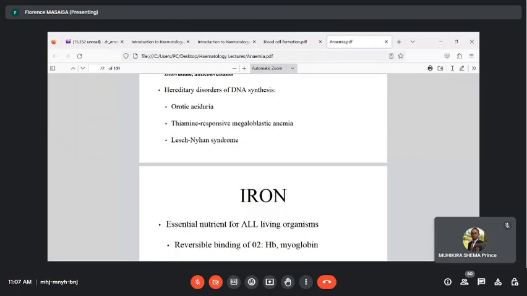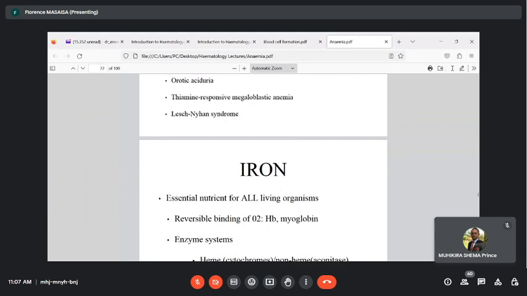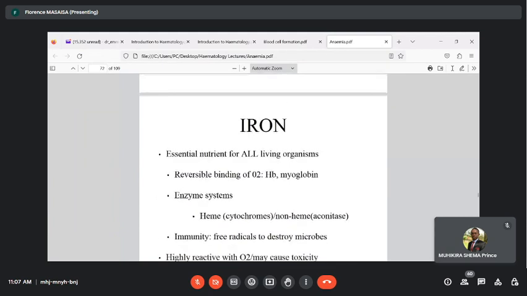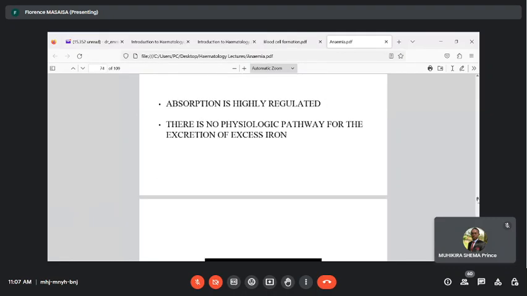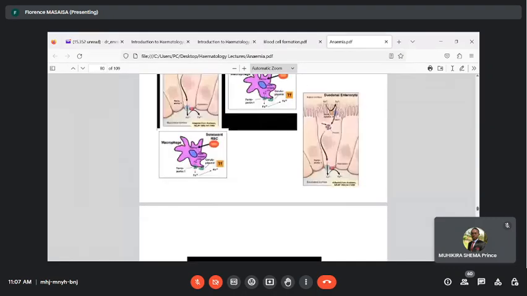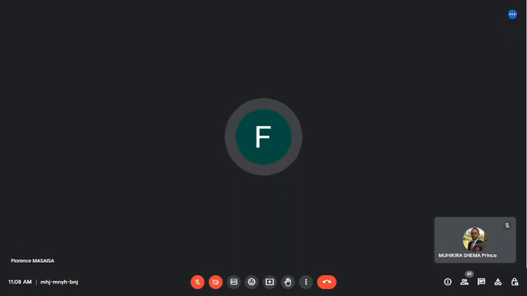Any question about vitamin B12 and folic acid? If I ask, what is the treatment of vitamin B12, how do you want to reply? How do you treat vitamin B12 deficiency? If you understand what I've said.